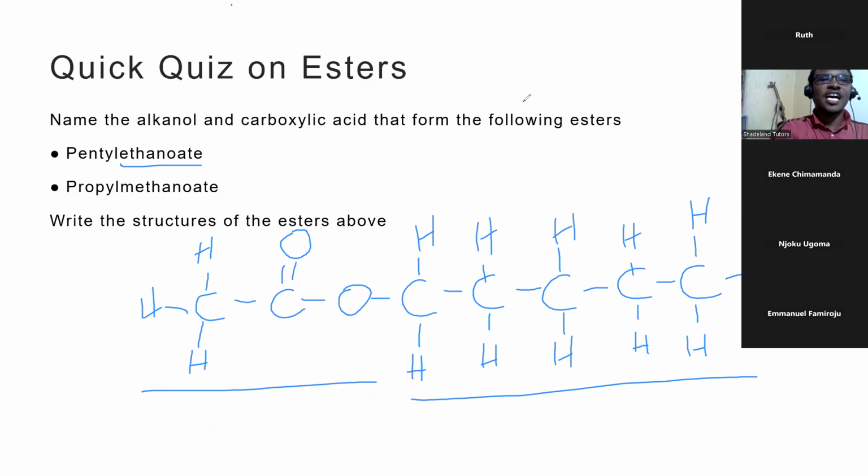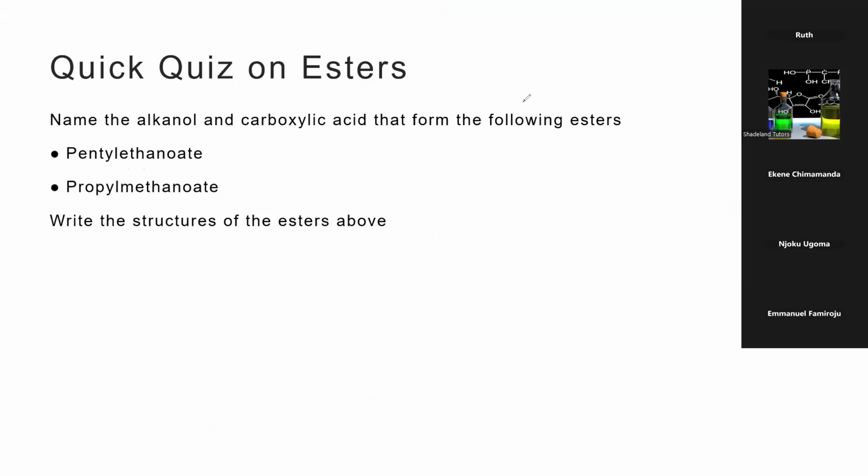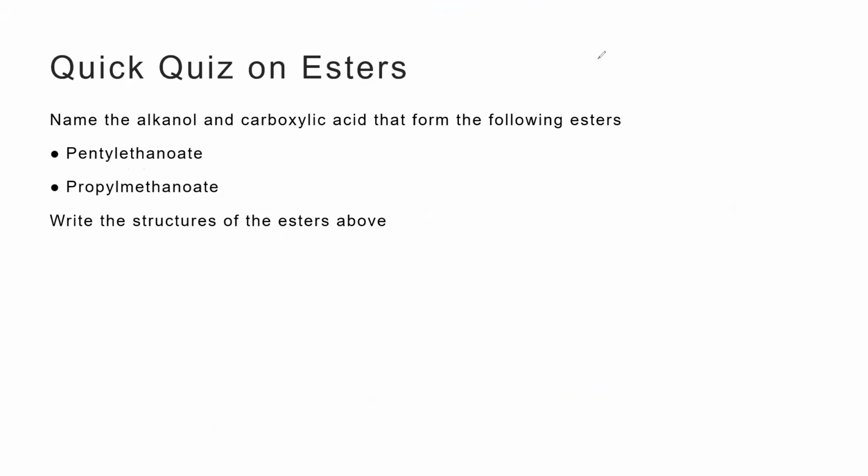Judgment time. Let's check out what we have done and see if it is correct. So everybody get ready. Propyl methanoate, we'll start with methanoate, which is one carbon. O, O, then H. This is the methanoate.